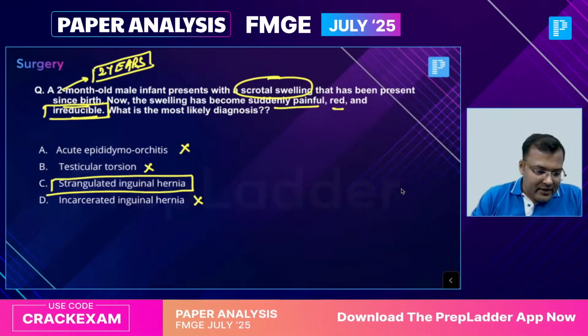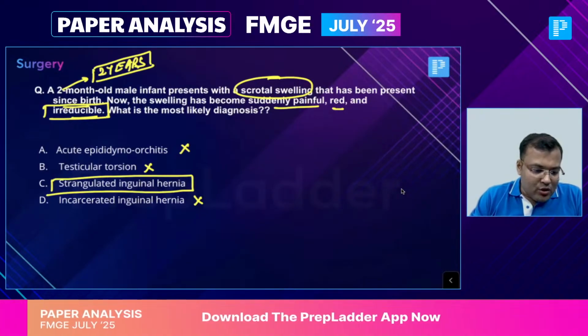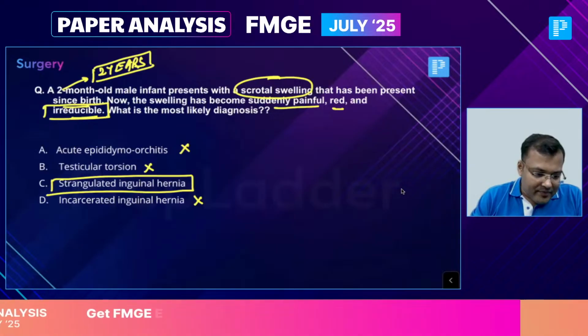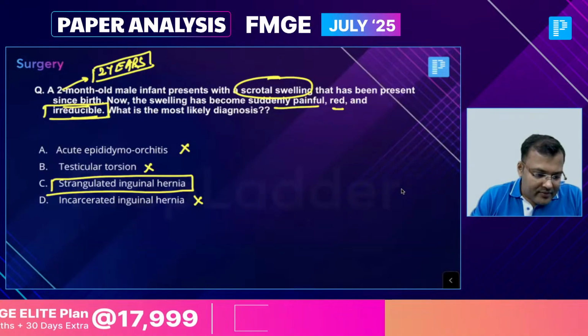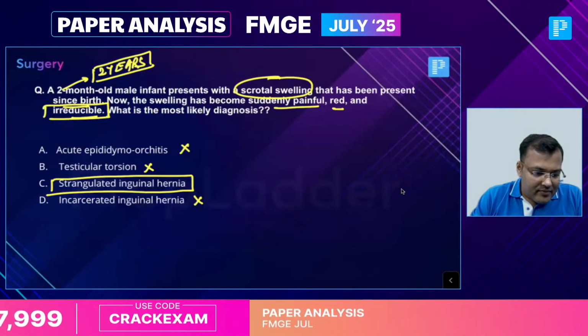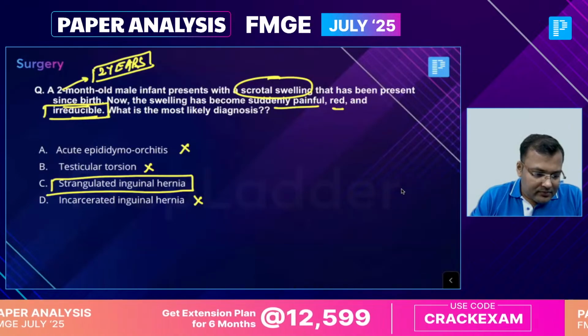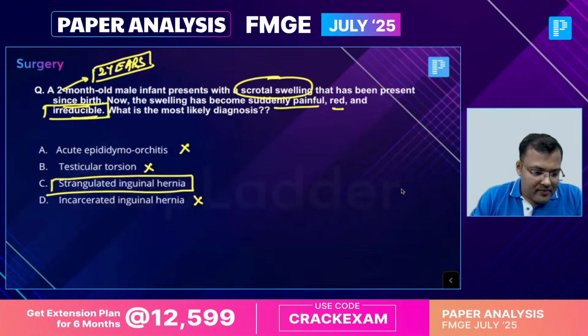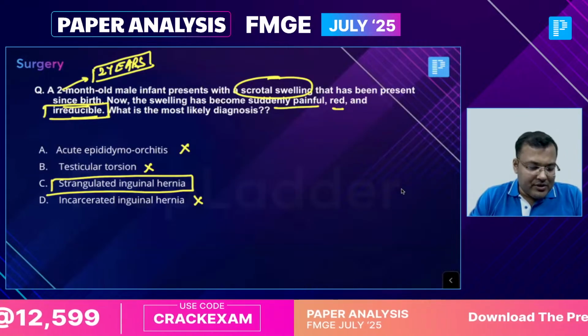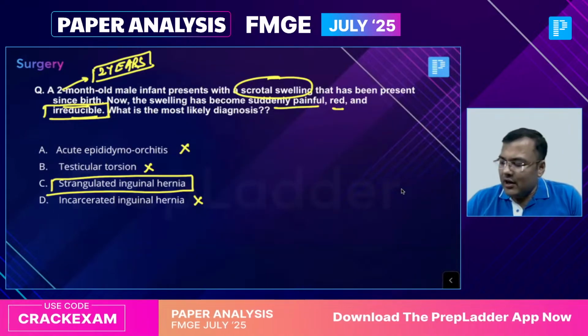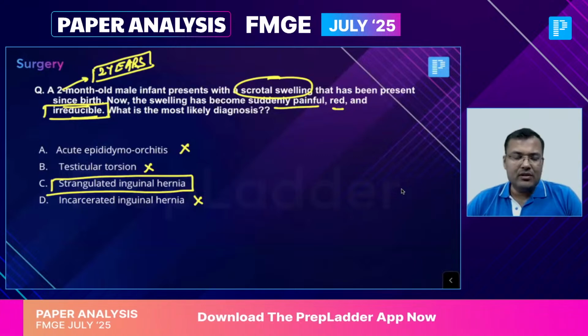OK. Ved Prakash wants to say that there was a 2 centimeter swelling, sir. Swelling with fluctuation. OK.